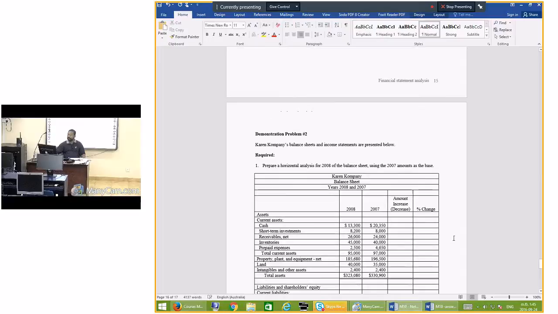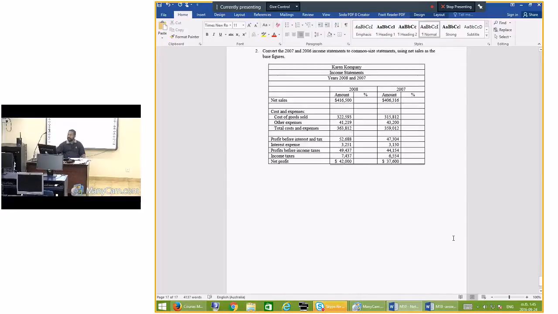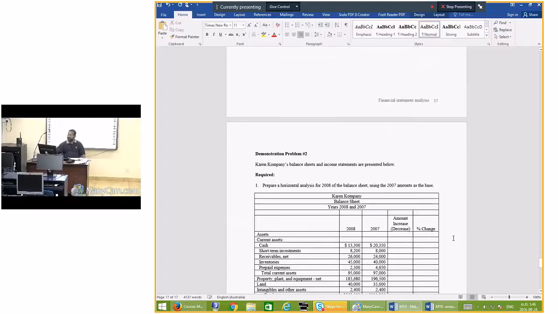Demonstration 1, not demonstration 2, just before the last page. Page number 14.